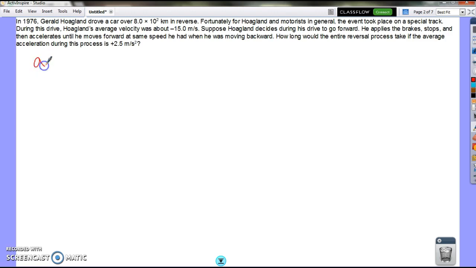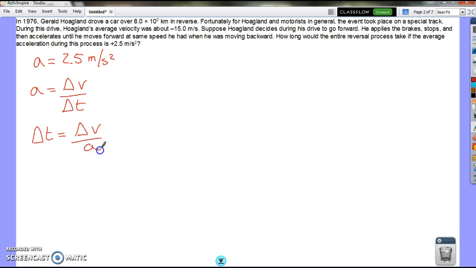So a equals 2.5 meters per second squared. We know that a is equal to delta v over delta t, and we're looking for how much time. So delta t is equal to delta v over a. Our delta v: he starts at negative 15, and he wants to speed back up until he got to the same speed as when he was moving backward.